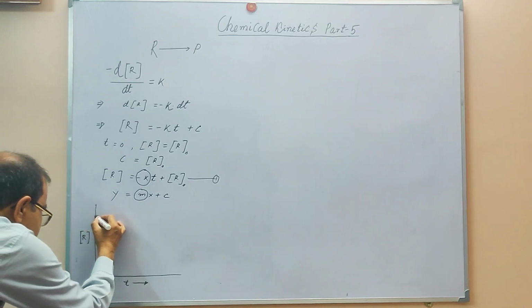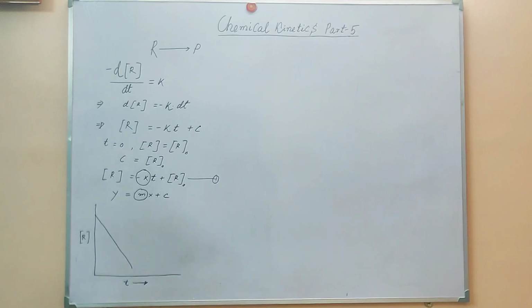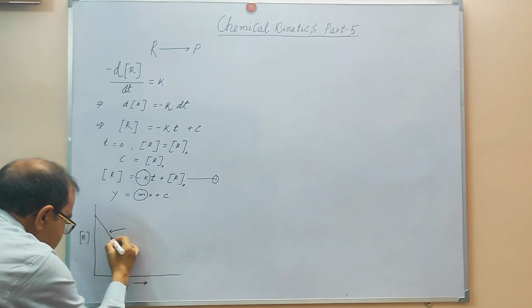You will find a straight line, and this straight line has a slope of minus k.